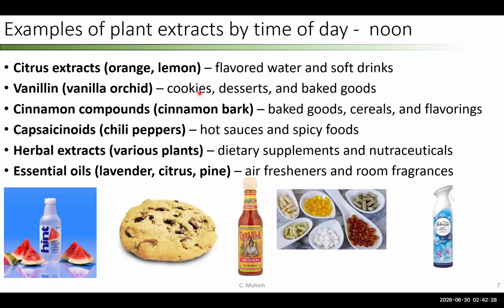You may have a cookie, dessert, or baked goods, which often contain things like vanillin, cinnamon compounds, which are coming out of the cinnamon tree. If you like spicy food, you probably ate capsaicinoids, which are the spicy compound capsaicin in peppers.